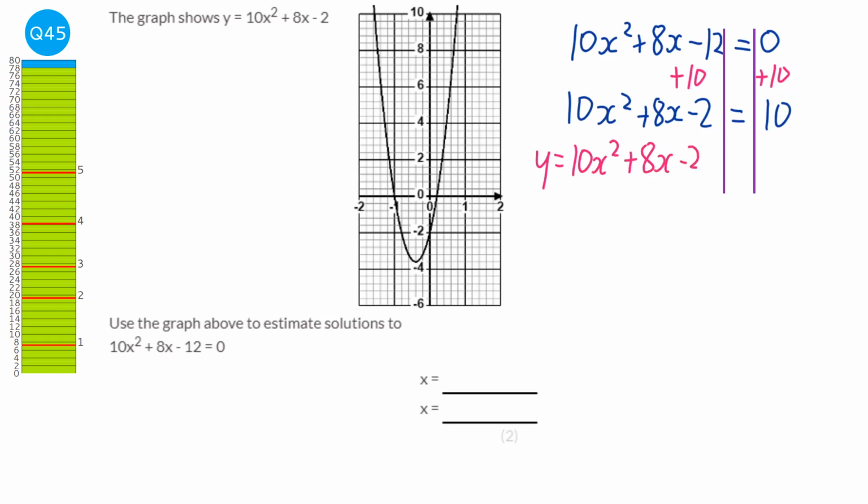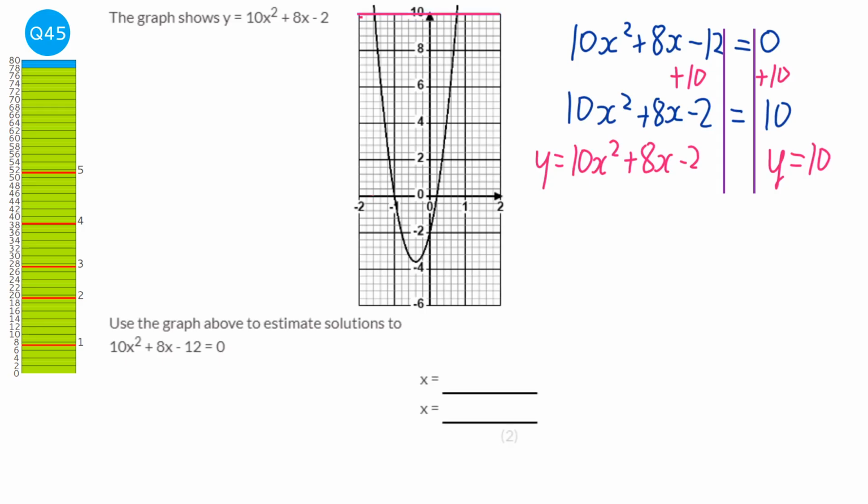We just need to draw this line, which is y equals 10, and see where they cross over to find the solutions. So y equals 10 will be all the way up at the top. Let's just make sure I get it nice. There we are. I need to move that up a little bit. There we are. And let's read off the values that that gives us.